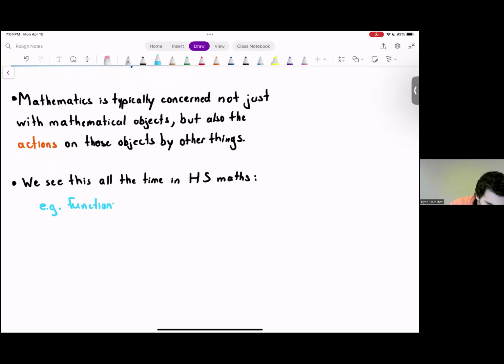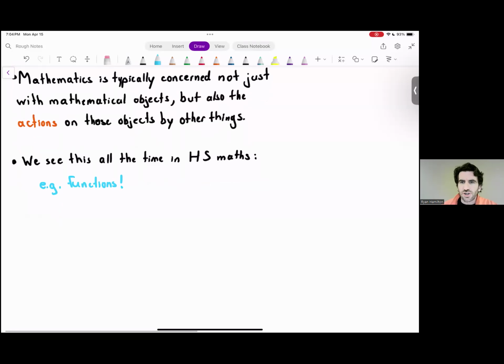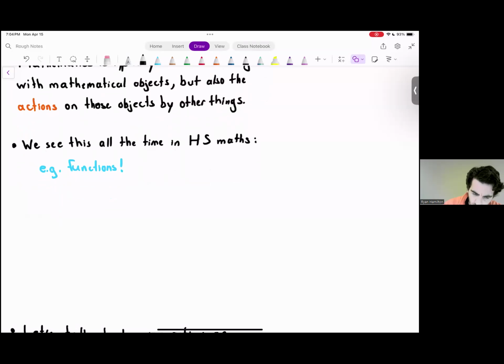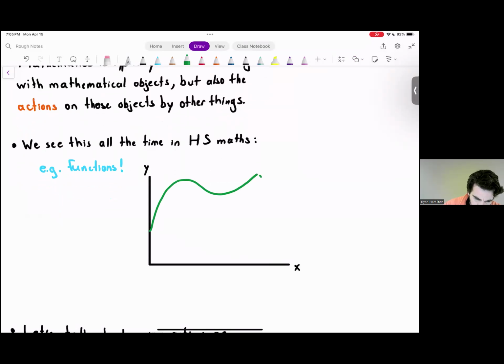So we have visual representations of functions that we're all familiar with. So I can draw the graph of a function. Here's an XY plane, and maybe it looks something like this. So here's the graph, y equals f of x. And what does this really tell me? It says the following.